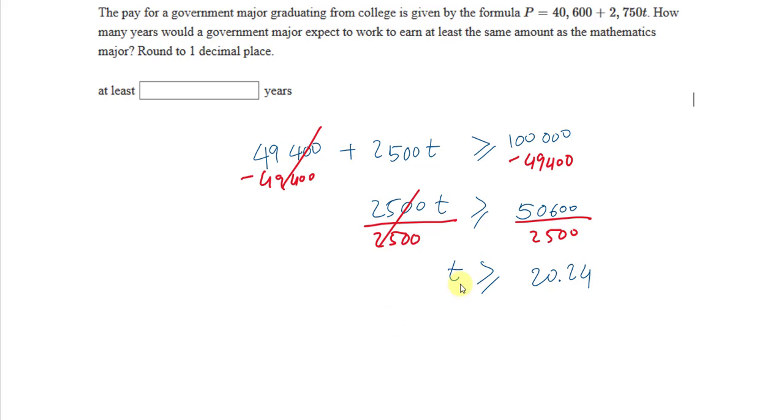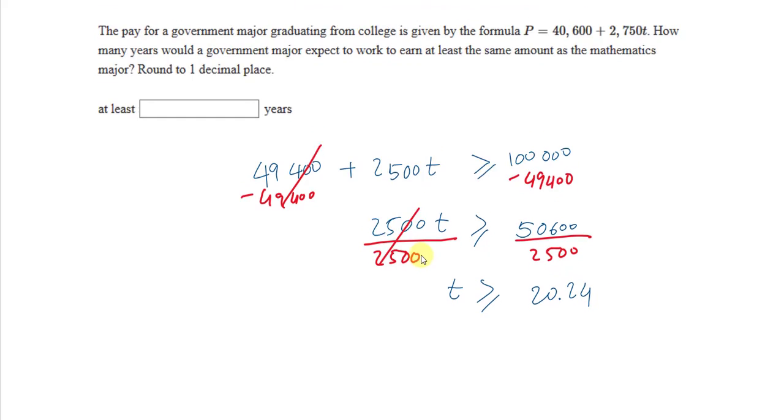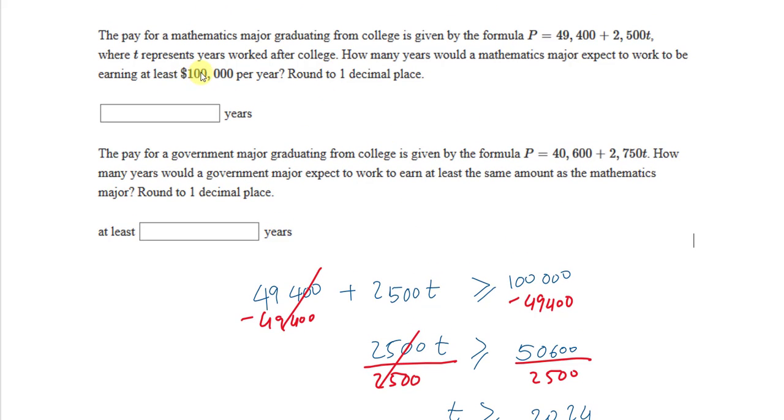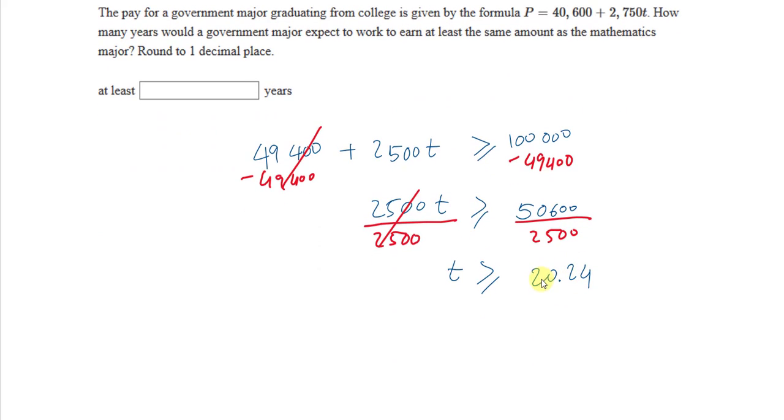That means the time required for you to work is at least 20 years, 0.24, in order to earn $100,000 at least. Now they want us to round to one decimal place. We'll only round the first decimal place here, so number 2, because the one after that is number 4.